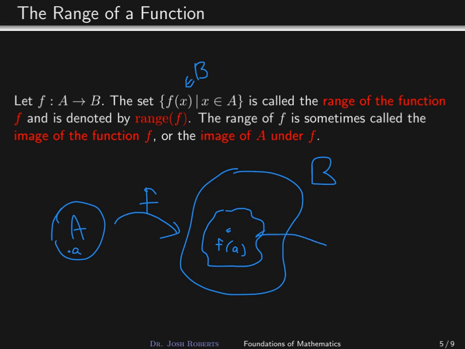So this is the range of f. In other words, every single element that I pick in A, I pick all of them, and I apply the function f, and then I get this. That's what the range is. So it's almost like a copy of A inside of B, subject to what the function actually does. You can think of it as a copy of A living inside of B, where I've applied this function to it. That's the difference between the range and the codomain.